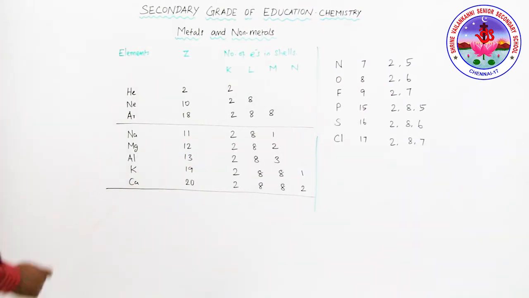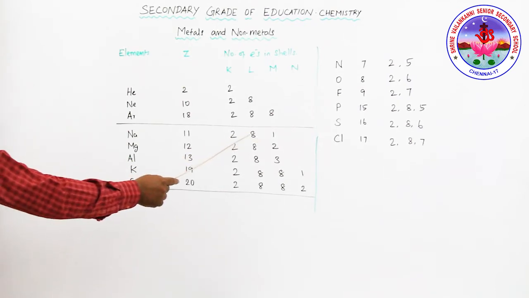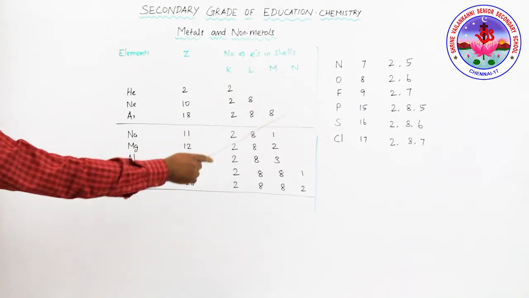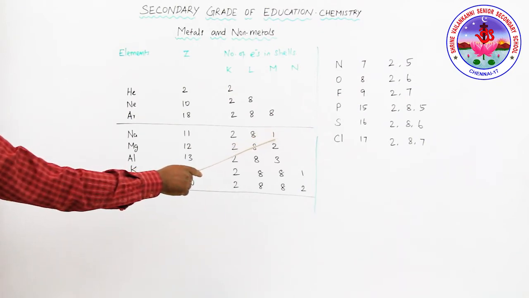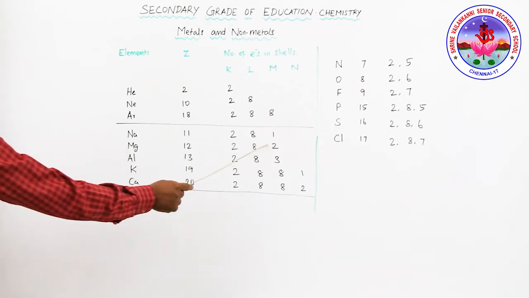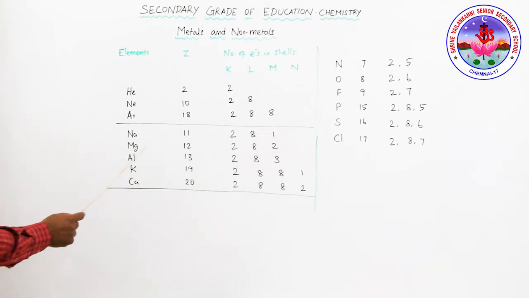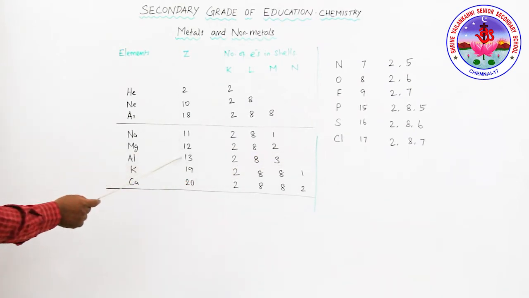Then look at the metals. Sodium has atomic number 11, configuration 2, 8, and the remaining 1 electron is in the M shell. This is called the outer shell electron or the valence electron. For magnesium, the valence electrons are 2. For aluminum, the valence electrons are 3, because of the increasing atomic numbers 11, 12, 13.